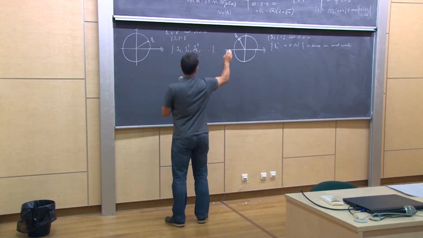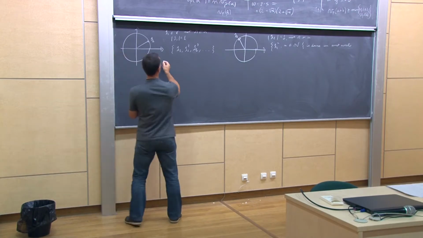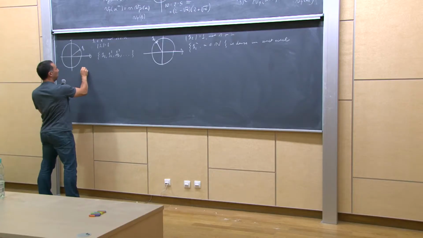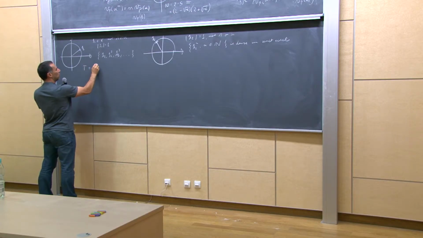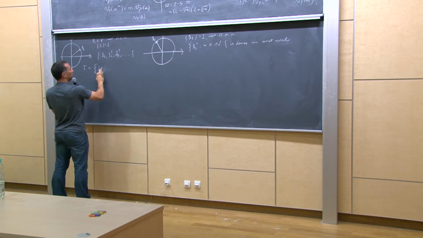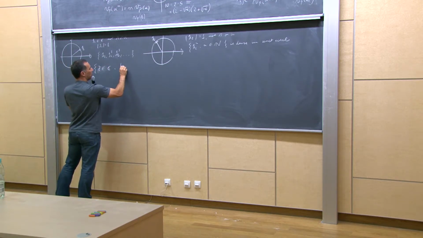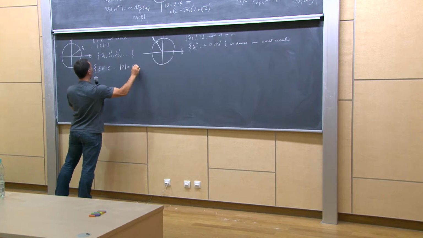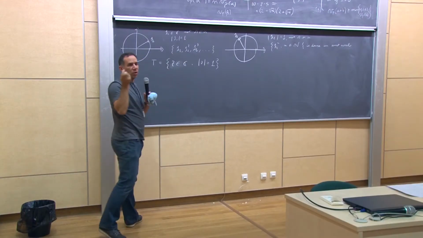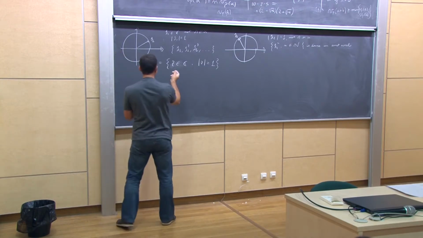And now, what about the joint density? What do you think happens if I write T for the set of complex numbers z that have magnitude 1? So T is the one-dimensional torus. So this is the unit circle in the complex plane.